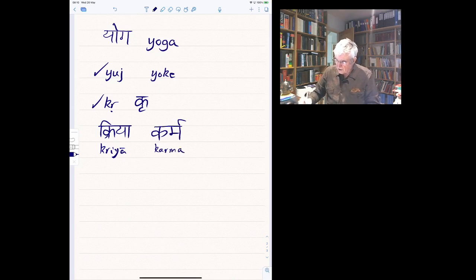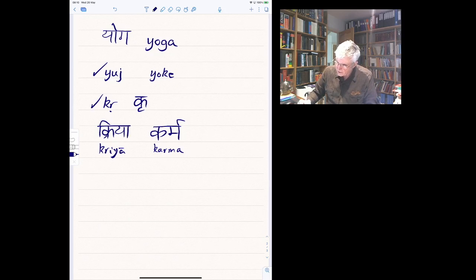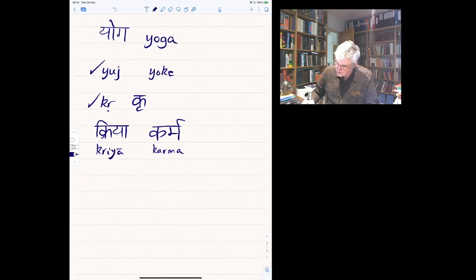Now, note here this r. You may have studied this separately already, but I noted in particular as we go along. The r immediately preceding another consonant, as here karma, is written as a hook on that consonant. So this is ma. If you put a hook there, that becomes rma.